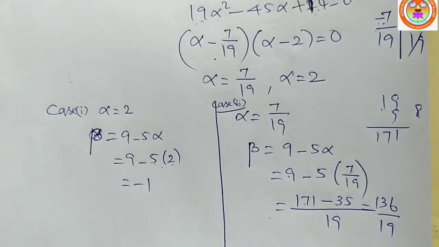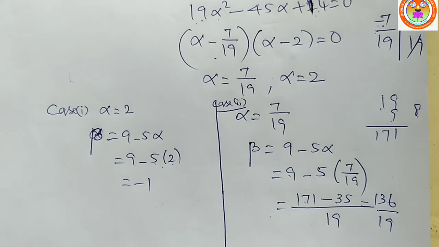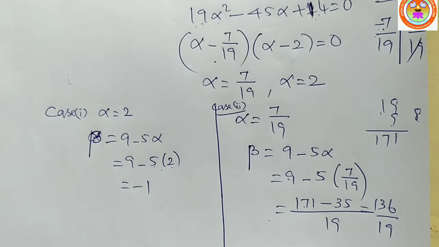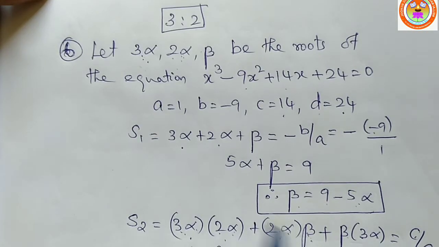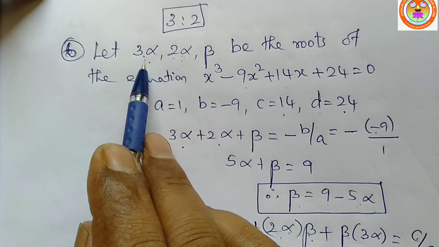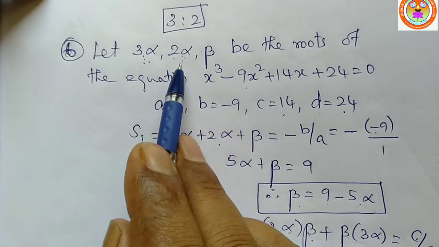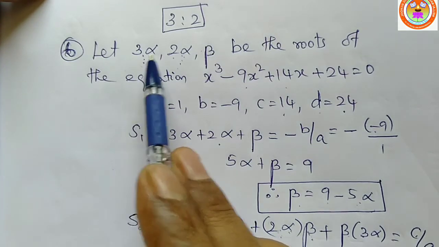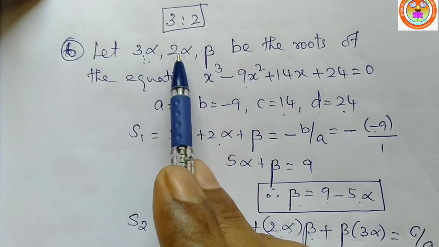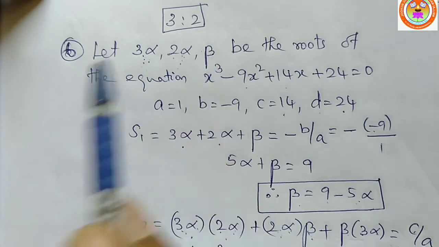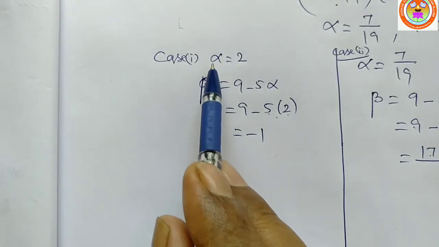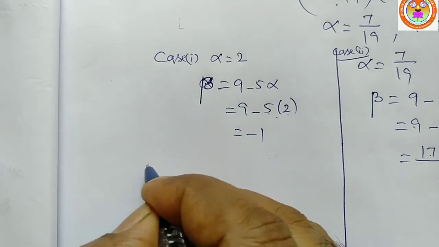So in both the cases, we can find the roots. What are the roots? We considered the roots as 3 alpha, 2 alpha and beta. Here we have the value of alpha as 2.